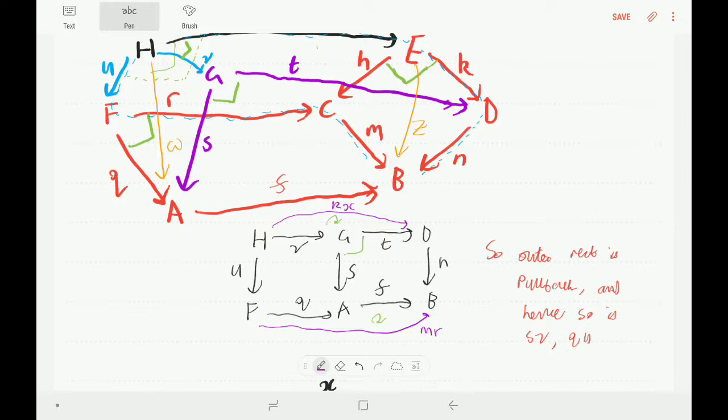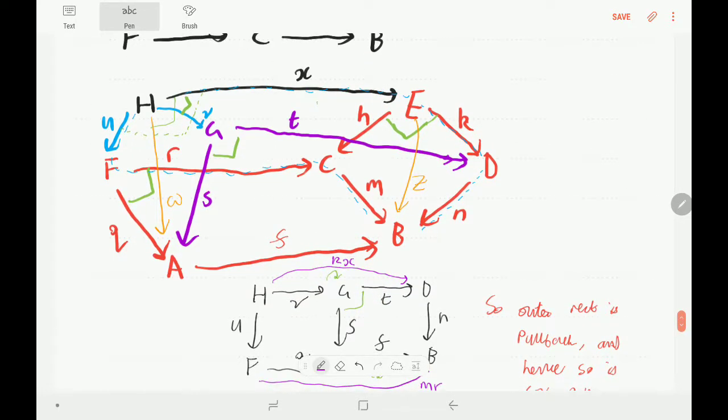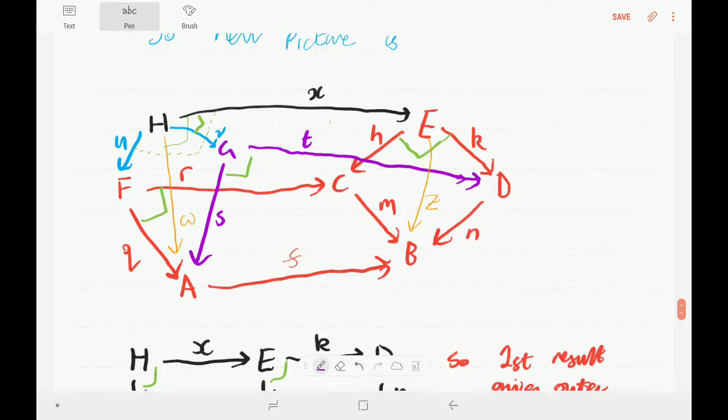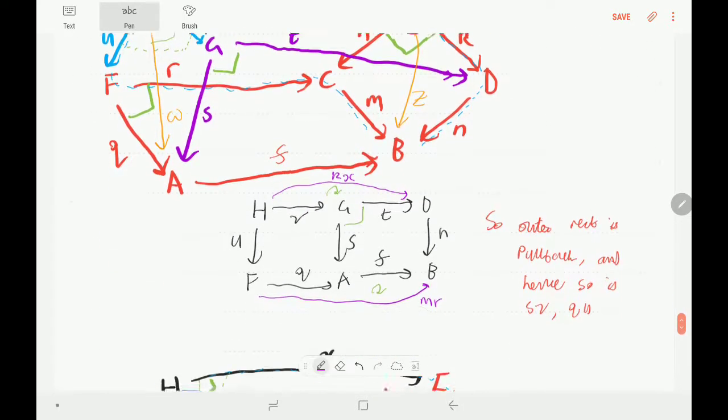Now we know that this right face here is a pullback. The top of this picture is T after V, but we know that Kx is TV because this top part of the square commutes, because we've already shown it's a pullback.